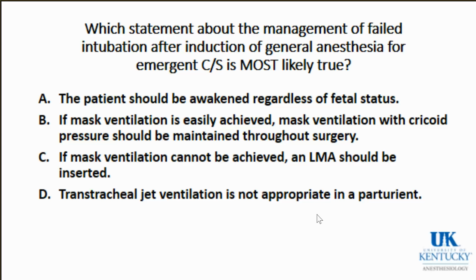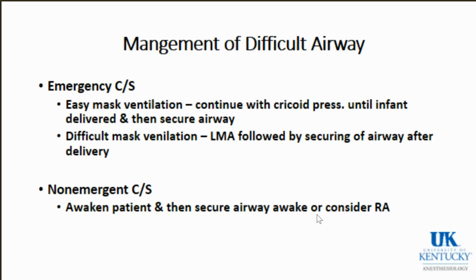This would be a different answer if you were doing general and the baby was not in extremis. You would consider waking up the patient and then proceeding with either an awake intubation or neuraxial technique. In terms of managing the difficult airway, as I mentioned, if it's an easy mask ventilation and it's an emergency, continue with cricoid until the baby's delivered.